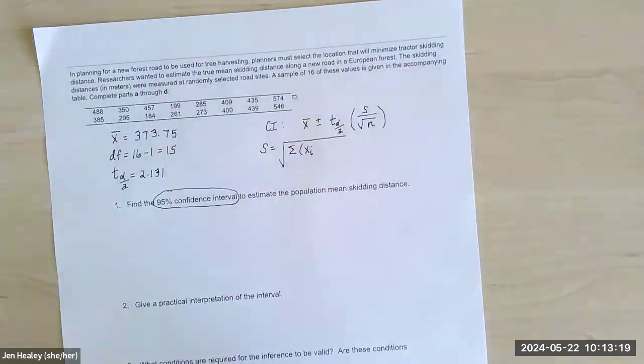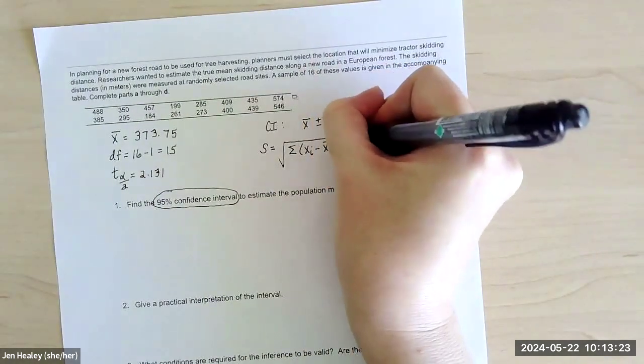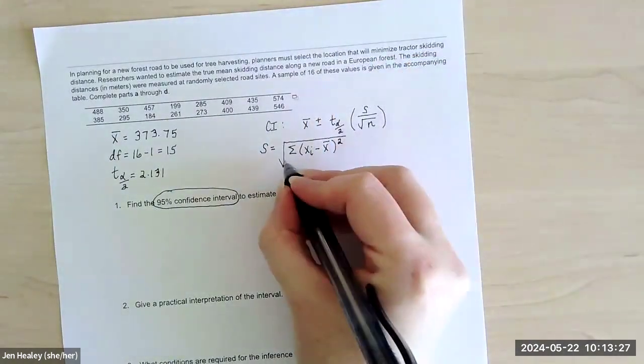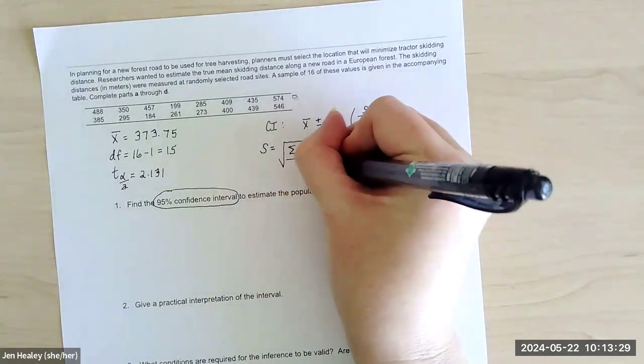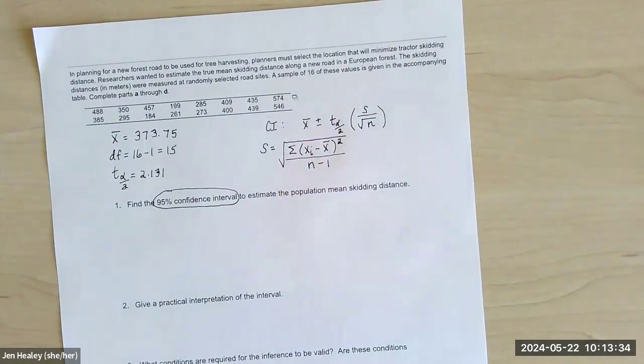You would take each of those X values and you would subtract the X bar from them and square it and divide that by n minus 1. That's the formula for calculating the standard deviation. For a sample of 16 of those, I doubt that's actually what they really want you to do.